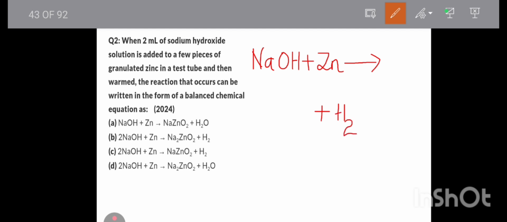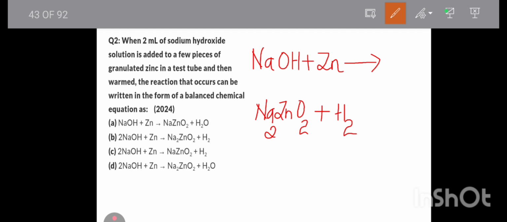Whenever zinc is reacted with sodium hydroxide, we will be getting sodium zincate. The salt which is formed here is sodium zincate. The formula of sodium zincate is Na2ZnO2. So this is the reaction which is taking place whenever sodium hydroxide is reacted with zinc.